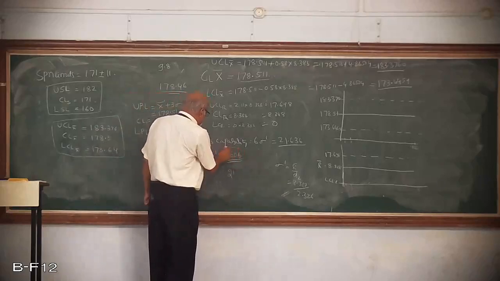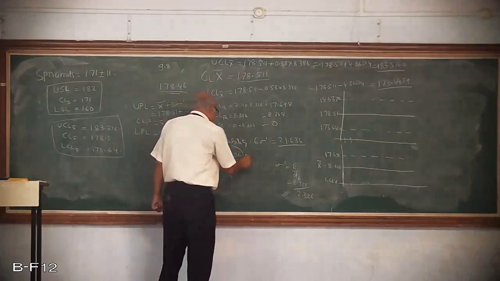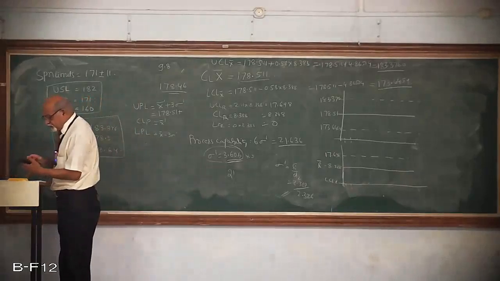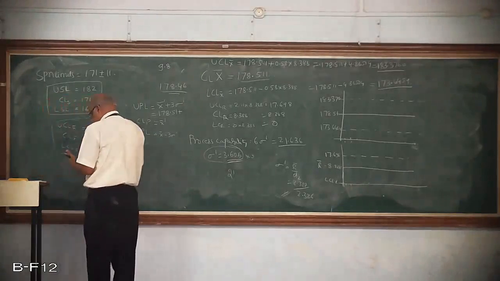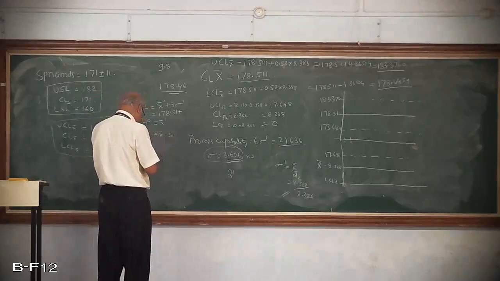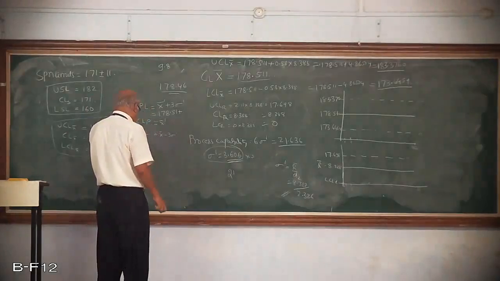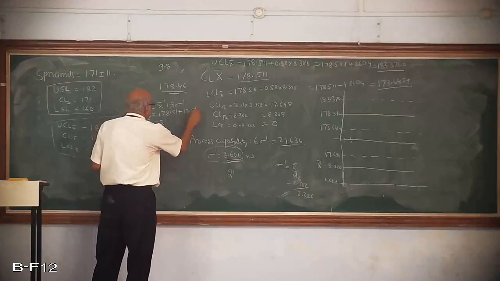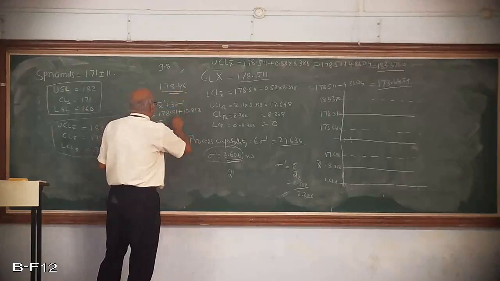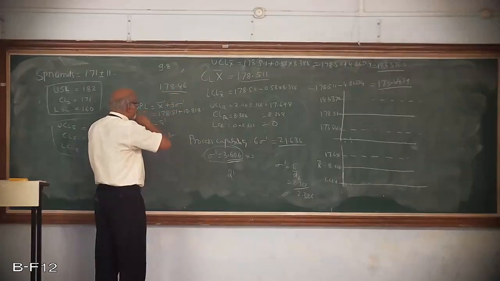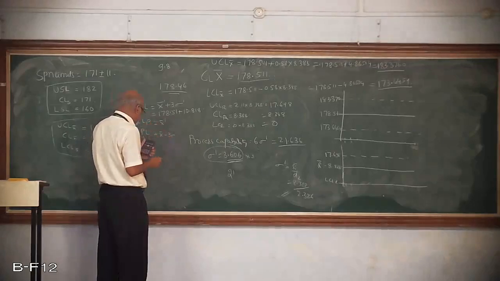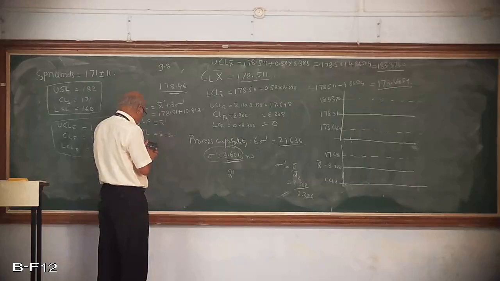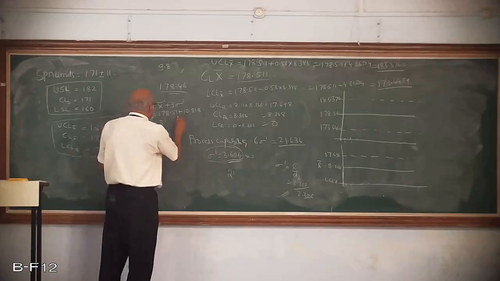Sigma prime I have found to be 3.606. 3.606 multiplied by 3 is 10.818. So the upper limit is going to become 178.51 plus 10.818, which is 189.328.